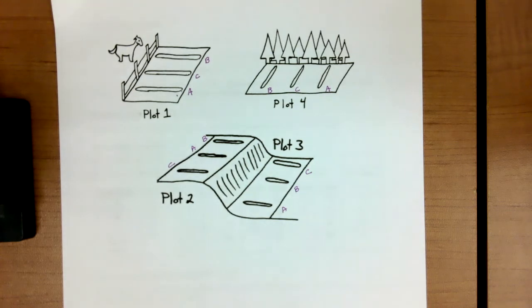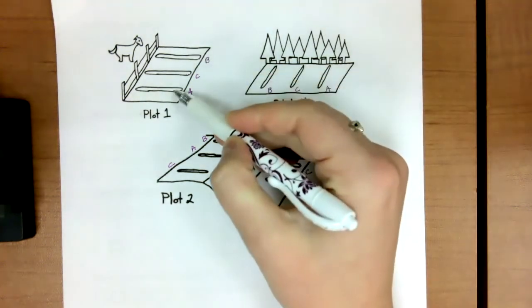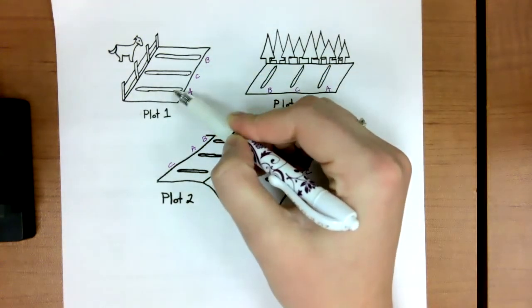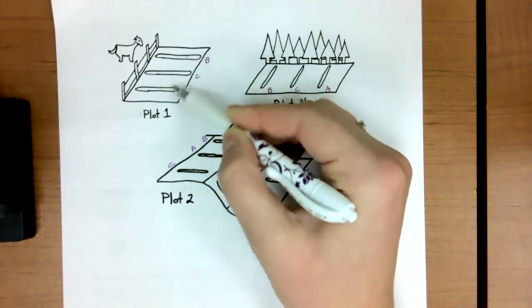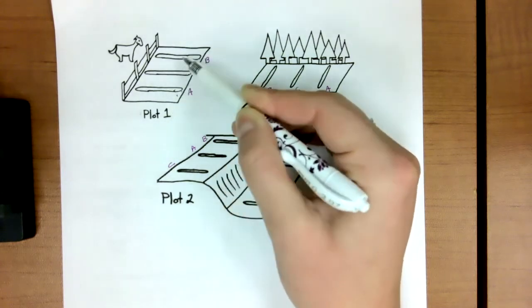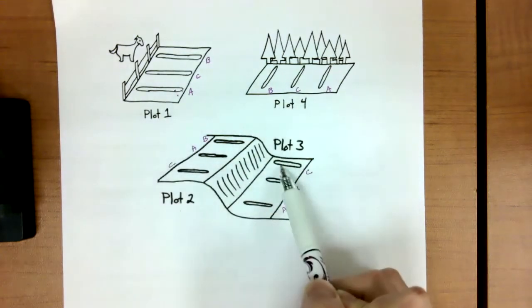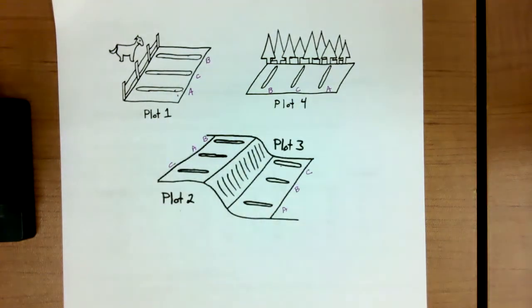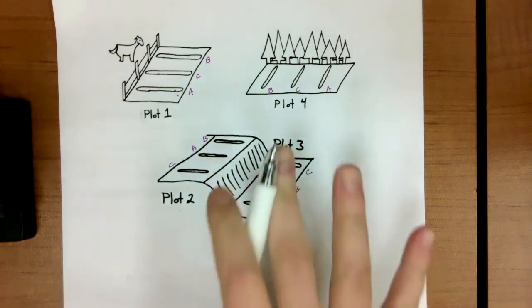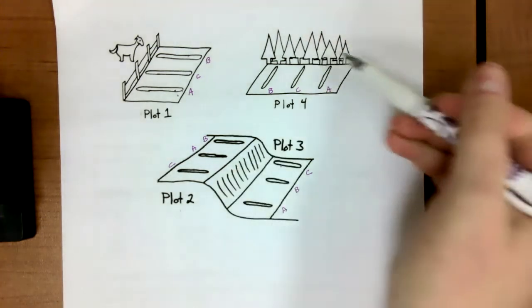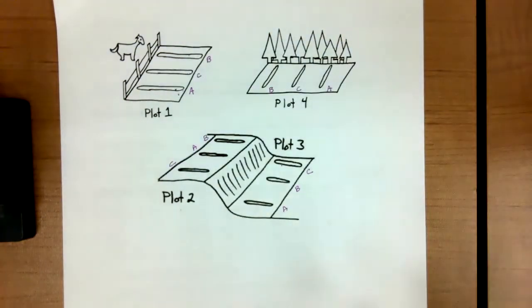So let me repeat that one more time. Within block, we want homogeneousness. We want these rows to be as similar or as same as possible. Okay, but from plot to plot, it's okay for them to be heterogeneous and different. And we'd expect them to be different in this case because of where they are in our made up fields and line.